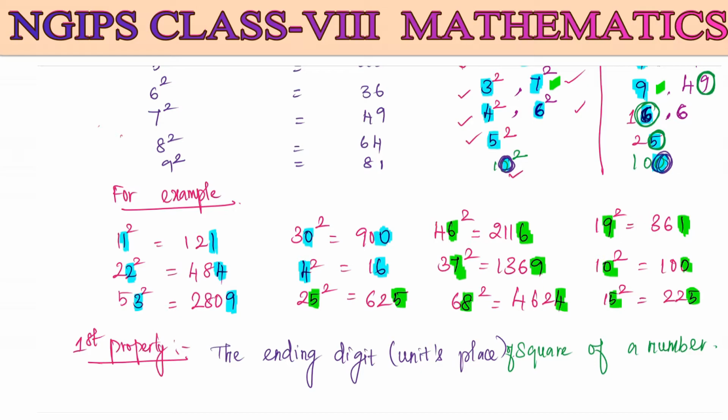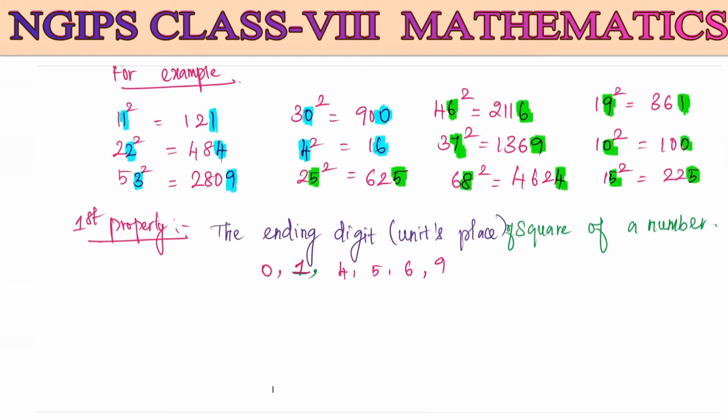If you look at this, the units place of any square number can be 1, 4, 5, 6, 9, and 0. I am going to write them in ascending order: 0, 1, 4, 5, 6 and 9. So these are the digits which come at the unit place of any square number.